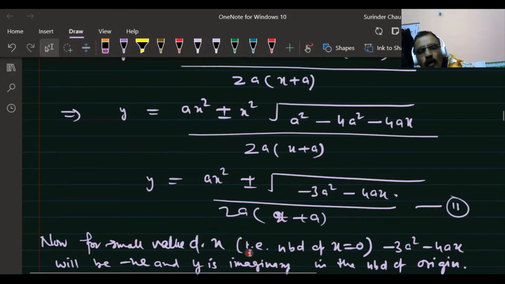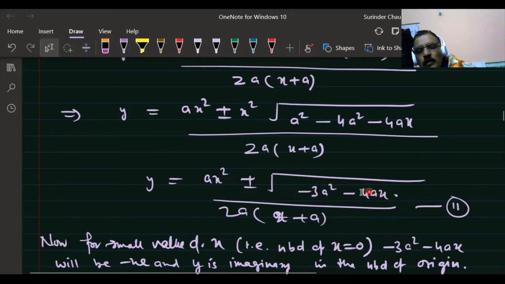For small values of x in the neighborhood of 0, left neighborhood to right neighborhood, this term x is very small, whether negative or positive. So it will not change the behavior of this term. A very small number like 0.0001 times a fixed number is very small compared to this negative term.